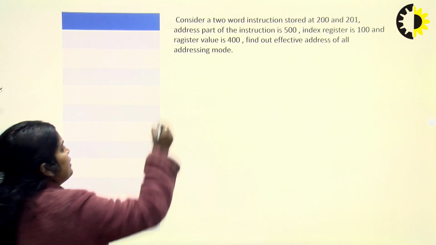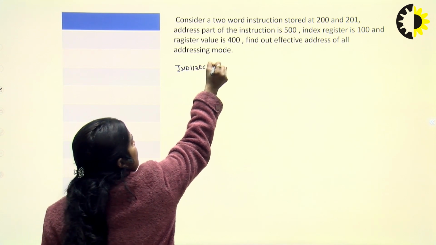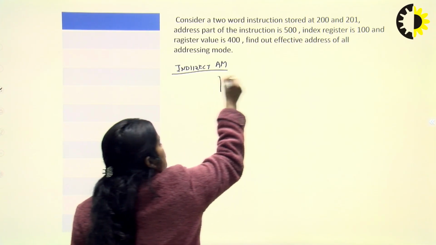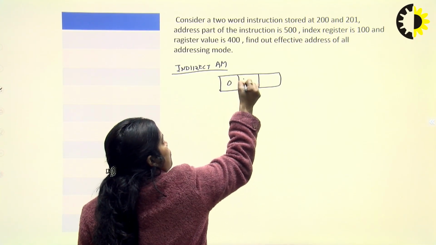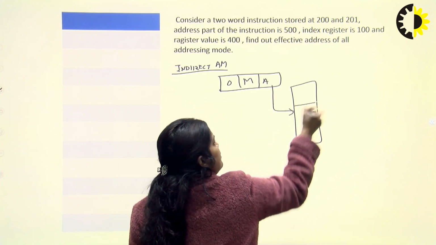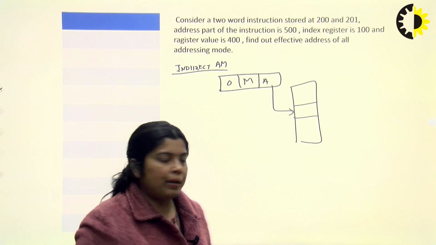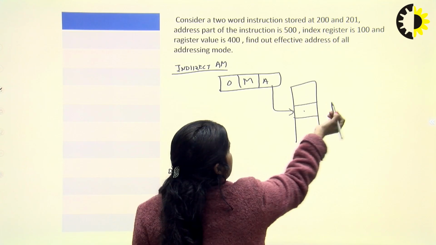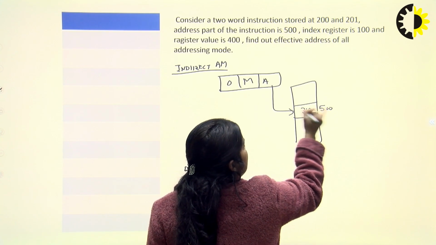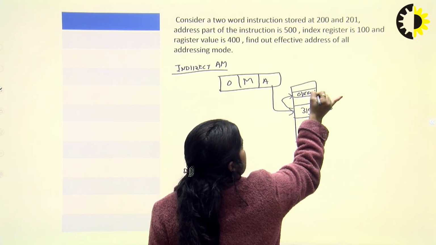Now, in the indirect addressing mode, suppose this is a computer instruction with opcode, mode, and address. The address part does not directly give the operand. At 500 we have 319, and this 319 says where the operand is.